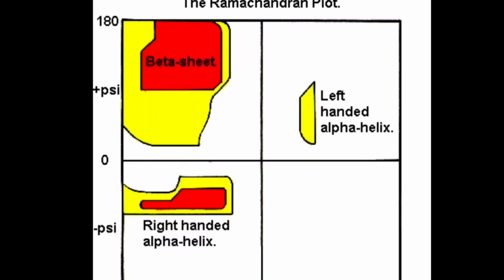And the yellow region has somewhat low energy, or rather it is called the limited allowed region. And the white region is sterically disallowed for all amino acids except glycine.